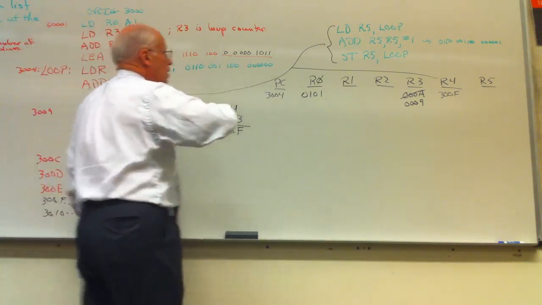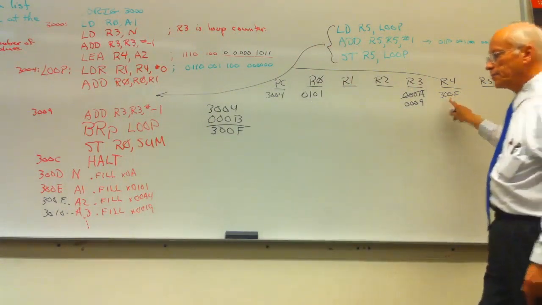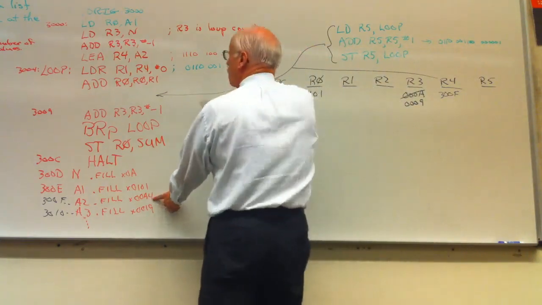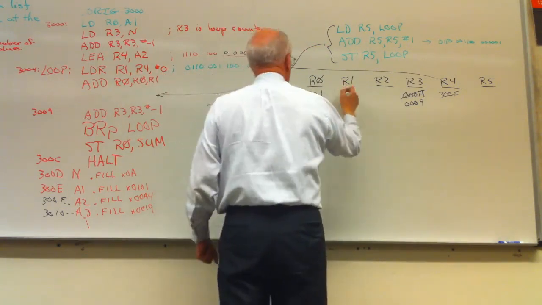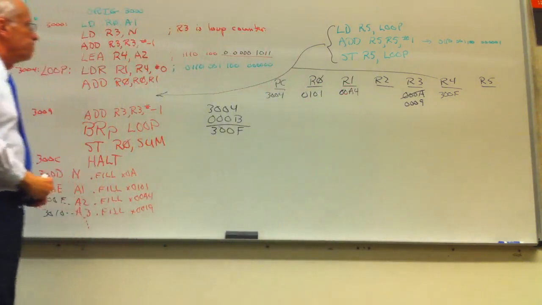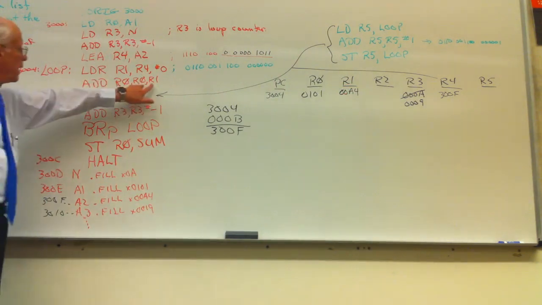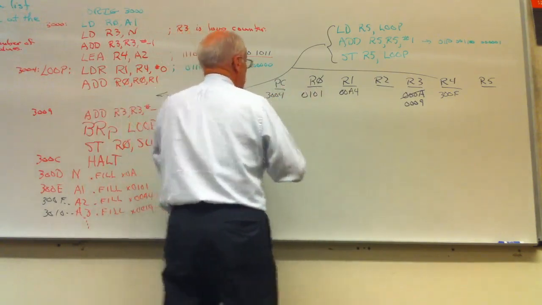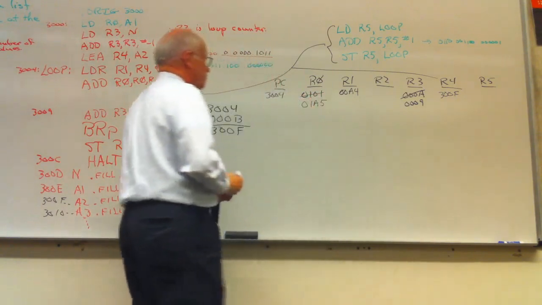Well, adding 0 just says that we go to 300F, that's down here, and we put that value into register 1. Then we add register 0 and register 1 together and put the result into register 0. So we have 01A5.